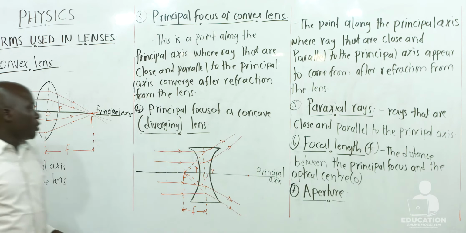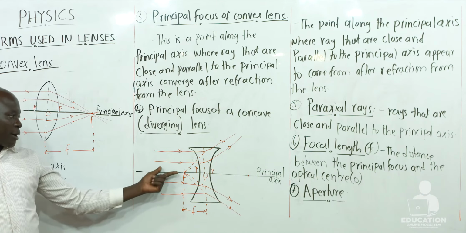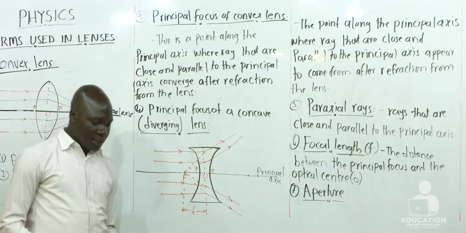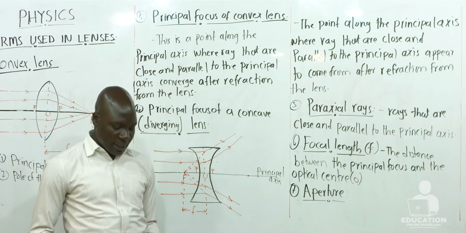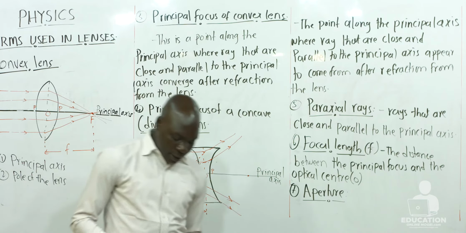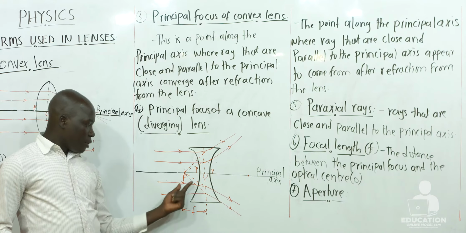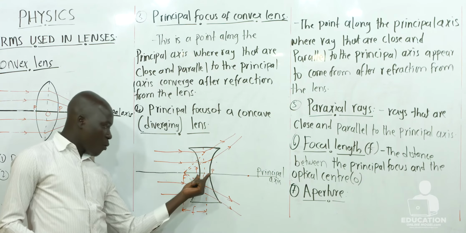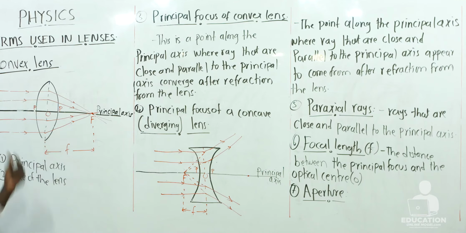The next term that we also have to keep in mind as we deal with rays in a lens is called the aperture. Now, dear learners, what do we understand by the term aperture? When we look at the mirror, how wide is the mirror? Let's start with the convex.